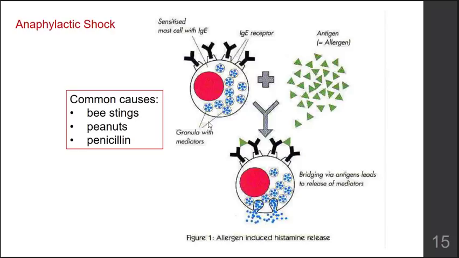And so if you have this and you add in the antigen, so we have somebody who's, say, allergic to bee stings, they've become sensitized already to the bee stings, then they are stung again, and the allergen is present in their body, and it binds to the sensitized mast cells, it will lead to degranulation of all the mast cells in the body at the same time when it comes to anaphylactic shock. And so this will lead to one main event, which is the release of huge amounts of histamine all throughout the body.